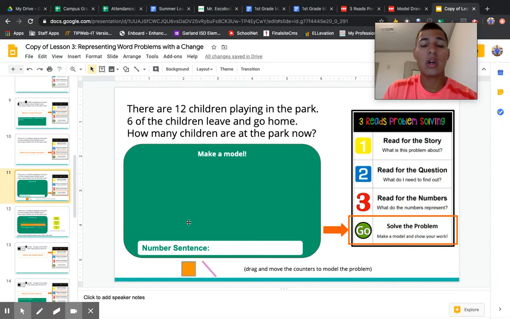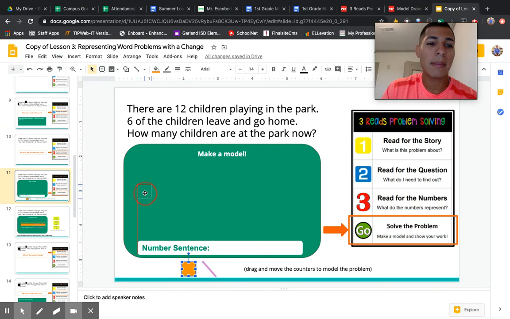First number, there are 12 playing in the park. So we need 12 of these. This might be a little long.